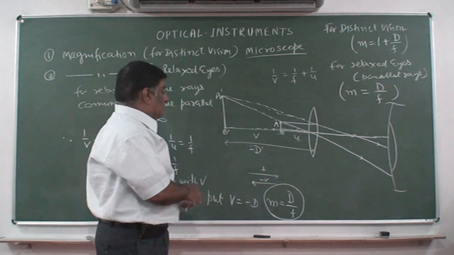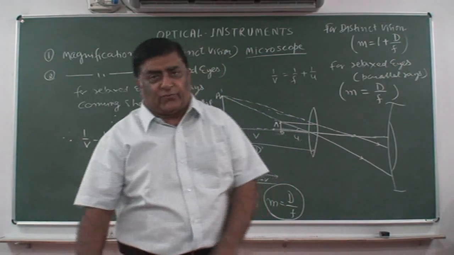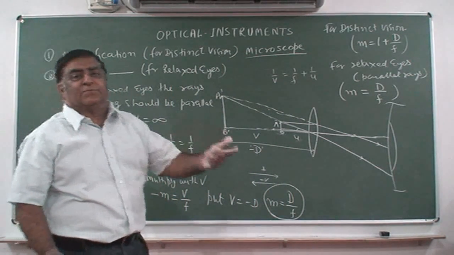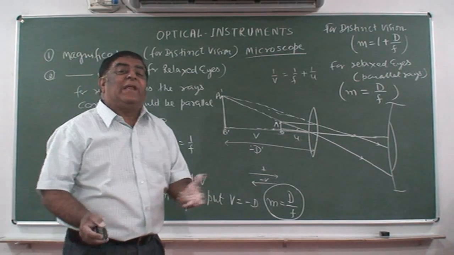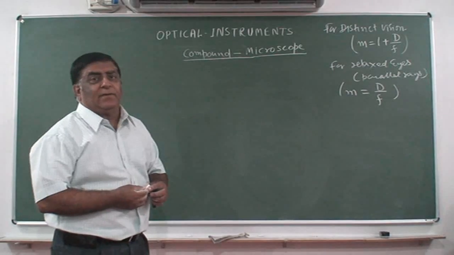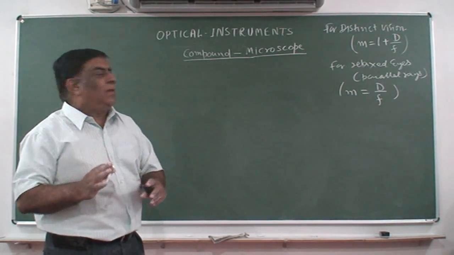Okay, so this is the simple microscope and the magnification done by a simple microscope. The next topic we will take is the compound microscope, which is more important and which gives us very large magnifications. A compound microscope is made by a combination of lenses. So, very simple.